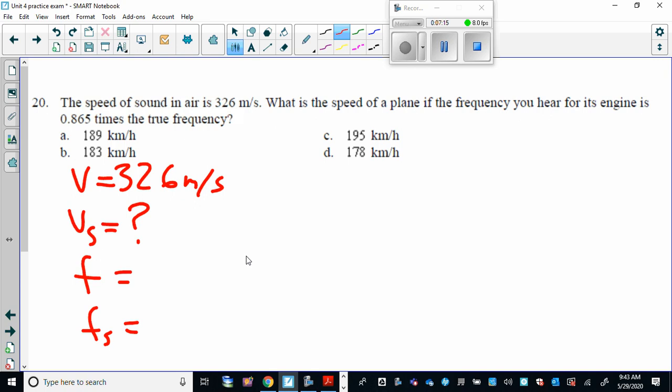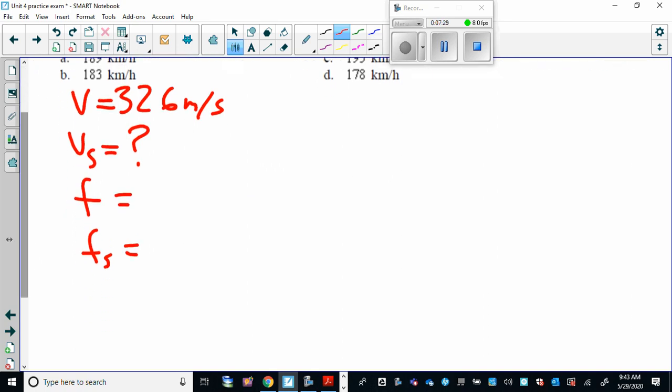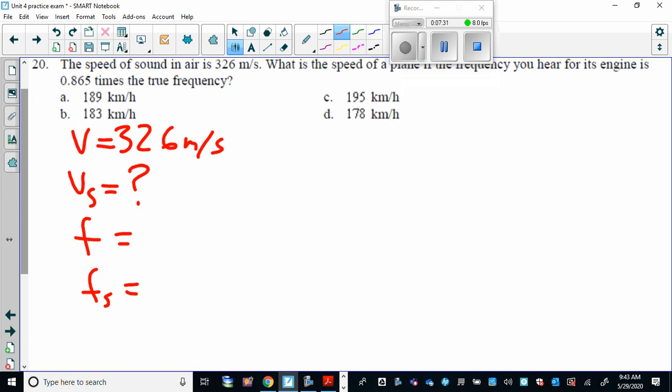It says the frequency you hear for its engines is 0.865 times the true frequency. So you've got to think about this. First of all, I'm just going to make up the simplest numbers ever. I'm going to say that the true frequency is 1, and therefore the apparent frequency is 0.865.